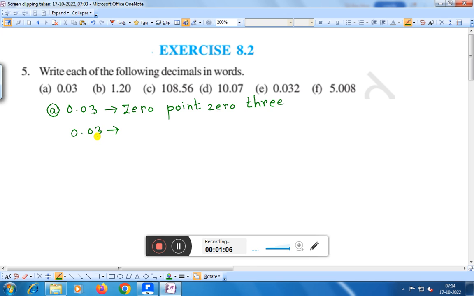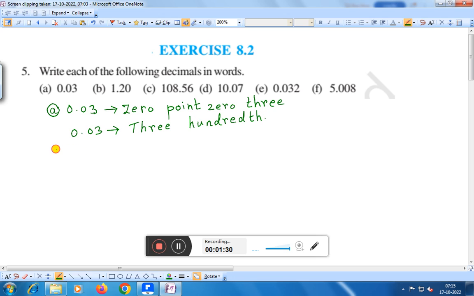The place value of 3 is hundredth. Therefore you can also write 3 hundredth. There are two methods to write this decimal in words.